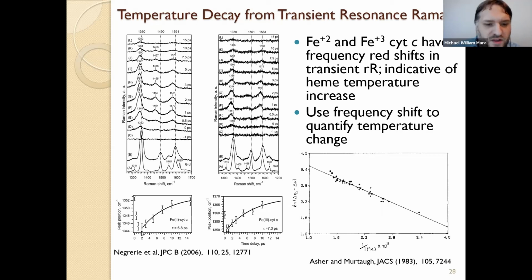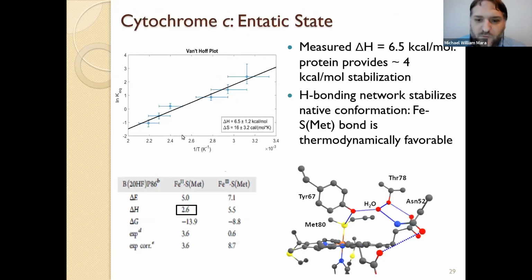So in this previous study, it was assumed that what you're looking at in the recovery of the ferrous and ferric cytochrome C was actually a thermal decay, like we see here. But we have these frequencies associated with the local heating in the active site, and we also have a way to convert them into temperatures. And if you recall from before, the Kbeta emission gives us the amount of quintet and singlet species that are remaining in the active site as a function of time.